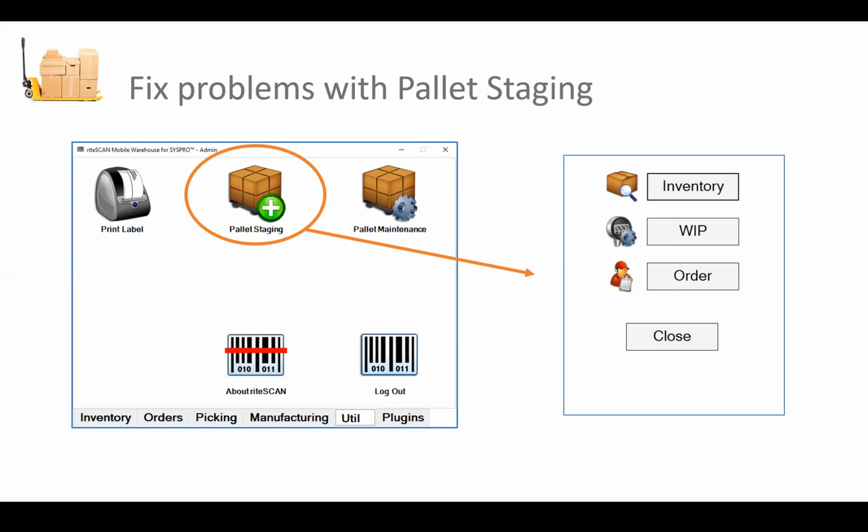The other one we're going to take a look at is WIP, and what that allows you to do is create or use an existing pallet to stage materials for production based on specific job materials lists or your bill of materials. And this allows you to build a kit, basically, for a job and then issue all of those materials at one time.